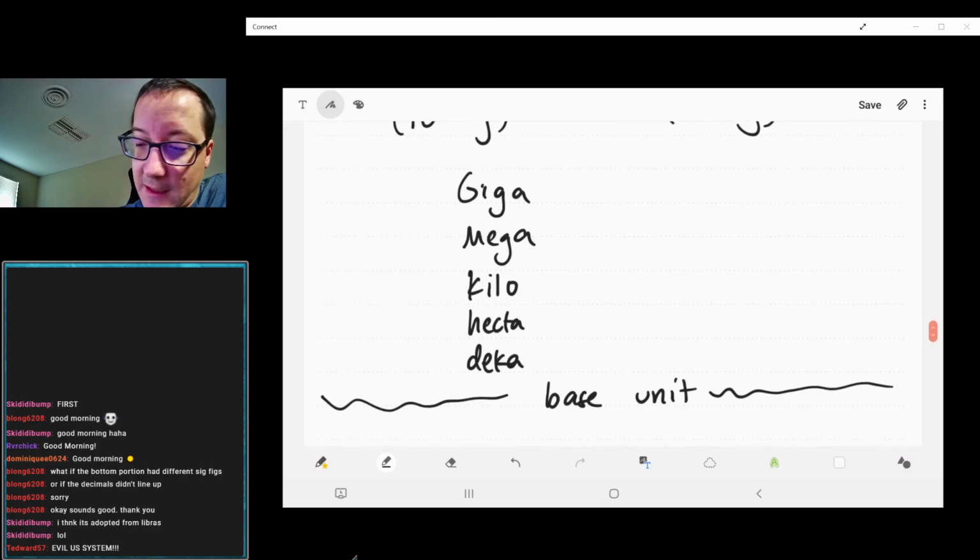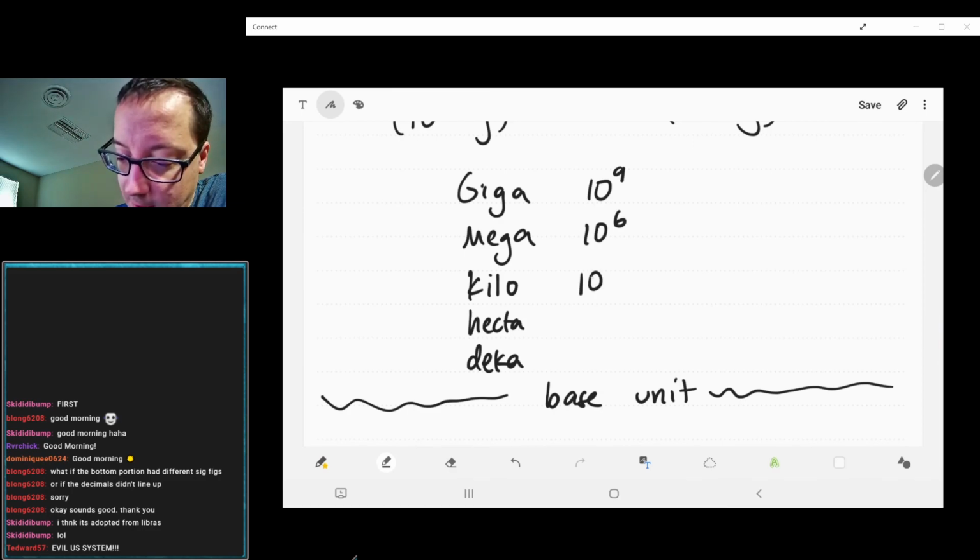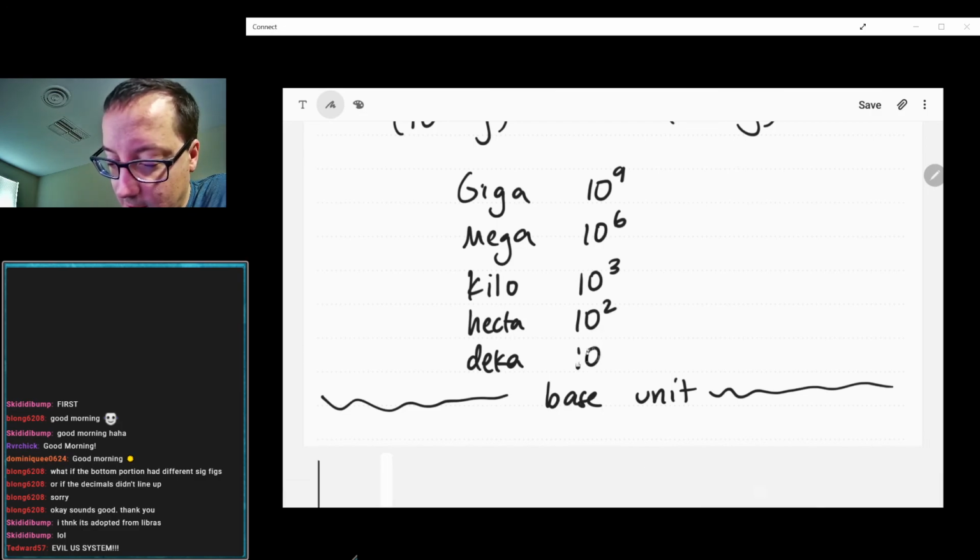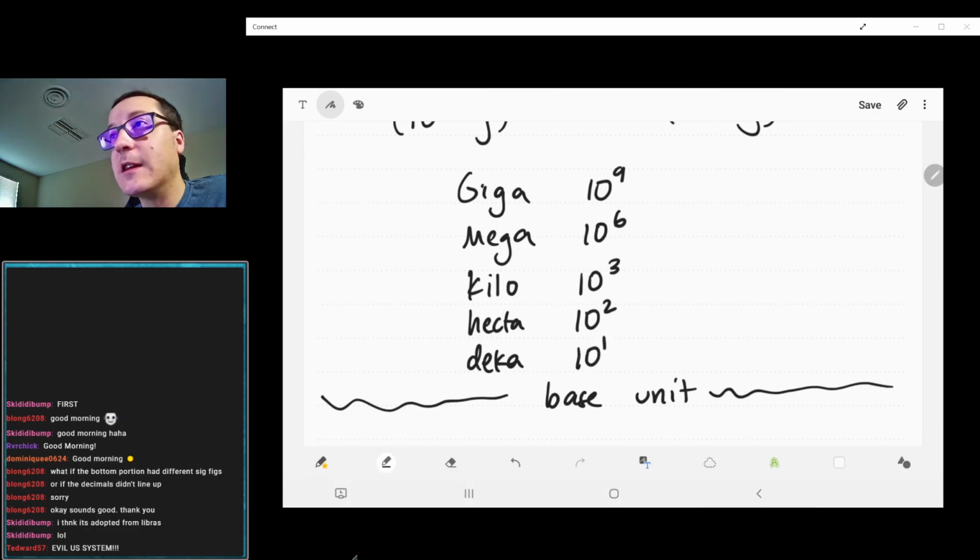We're going to see that giga means 10 to the 9th, mega is 10 to the 6th, kilo is 10 to the 3rd, hecta is 10 to the 2nd, and deca is 10 to the 1st power. These are useful for us in describing big quantities. So all of these 5 prefixes will talk about big quantities.